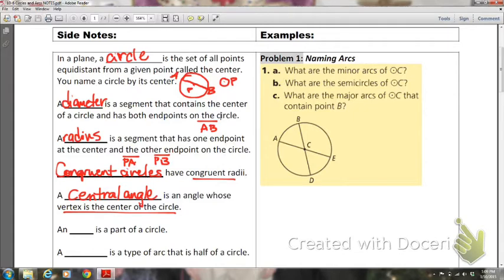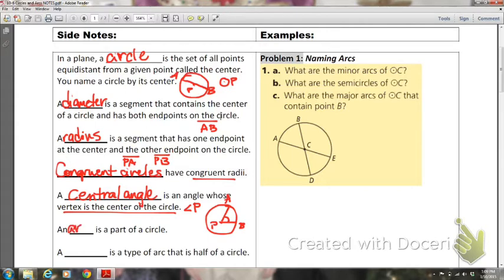So if we draw another circle down here, the center is P again, and we have this central angle because the vertex of the angle is the center of the circle. So we have circle P, and we have angle P in this particular example. That is the central angle.